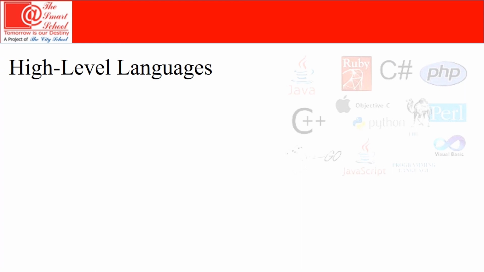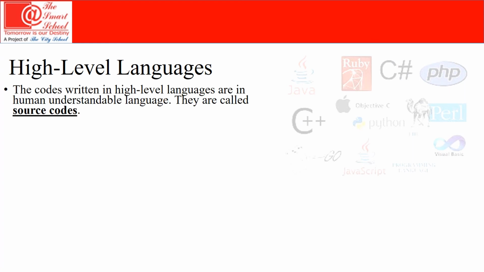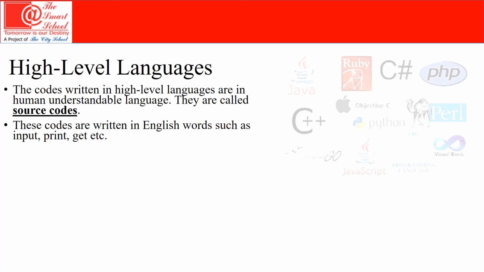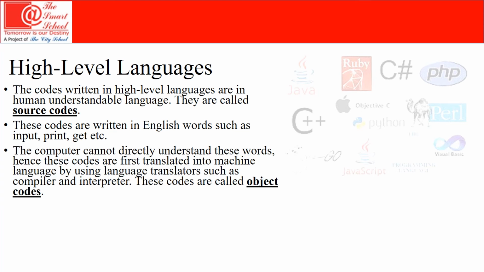High-level languages. Codes written in high-level languages are human understandable language. They are called source codes. These codes are written in English words such as input, print, get, etc. Computer cannot directly understand these codes.